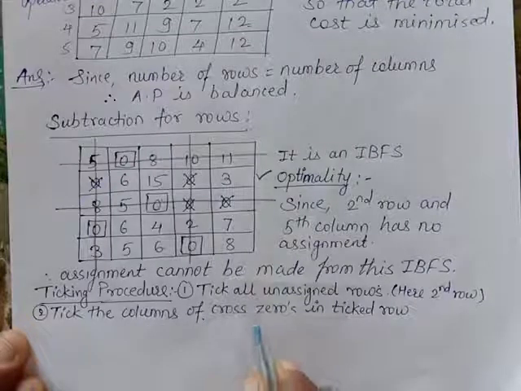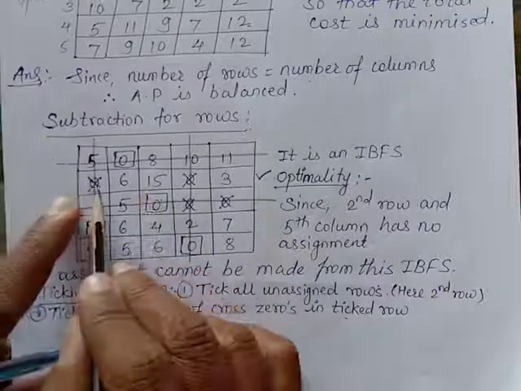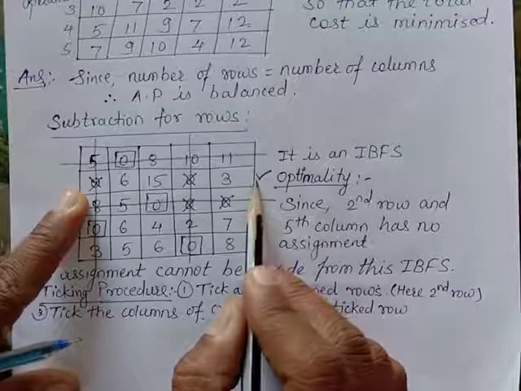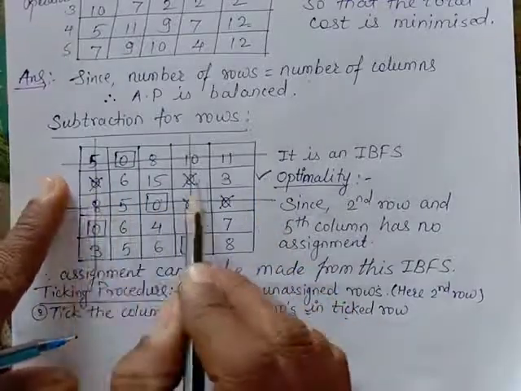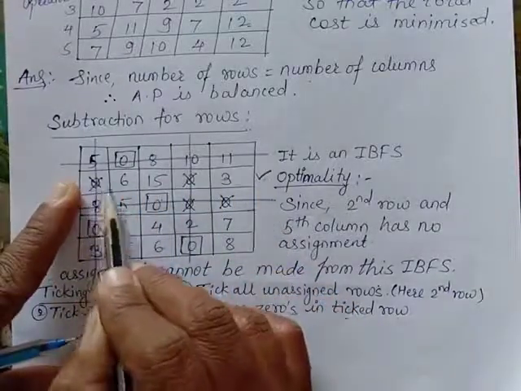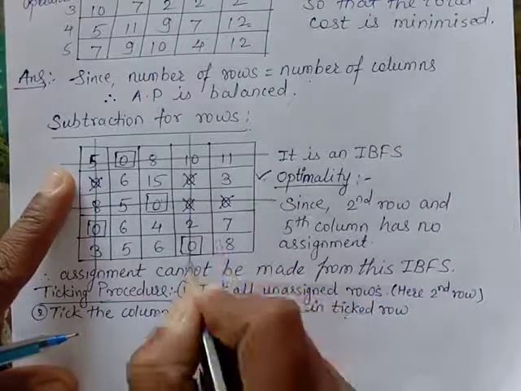Tick the column of cross zeros in the ticked row. Means what? Now look here, this row doesn't have an assignment, so it is the ticked row. Now this row has two cross zeros. This one and this one. So we have to tick the corresponding columns.